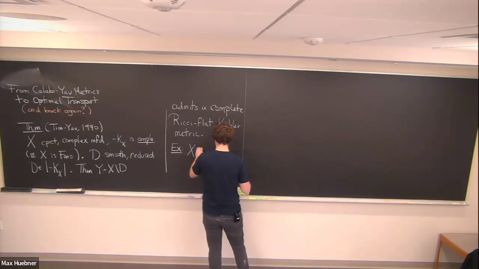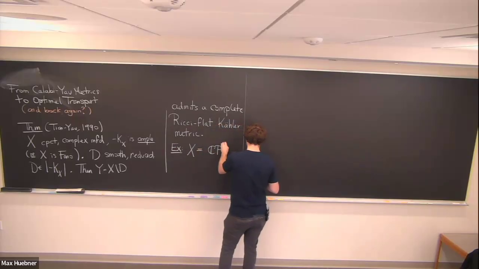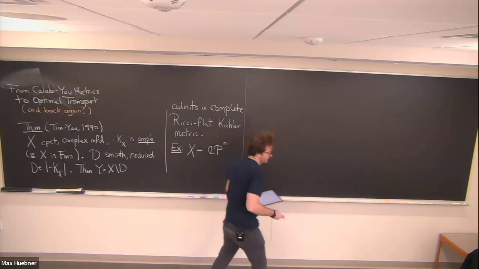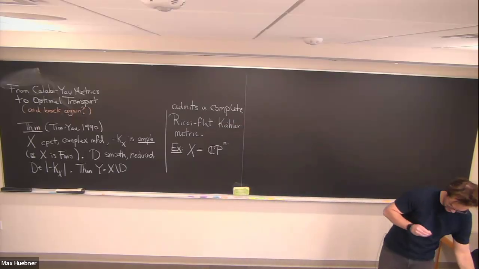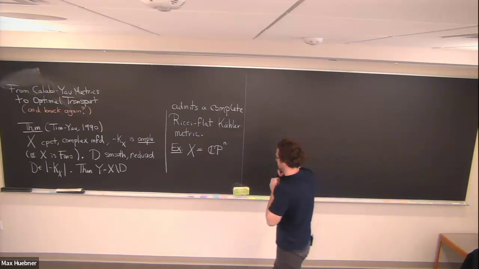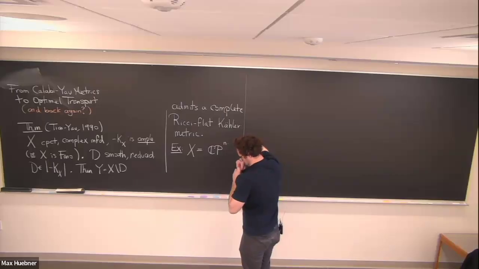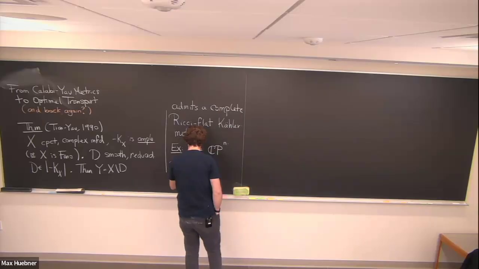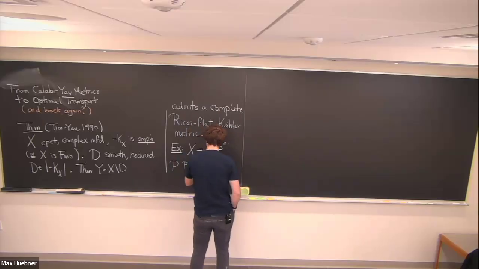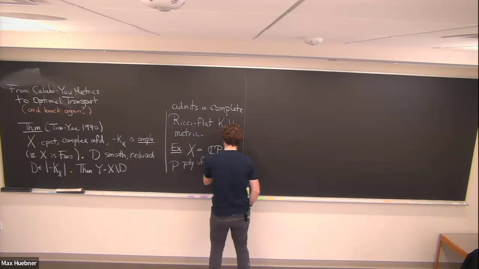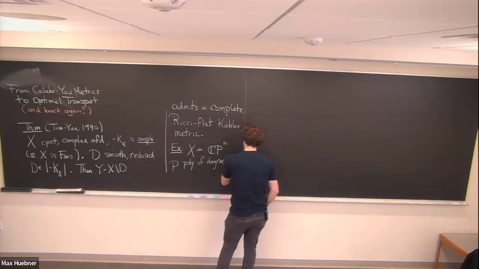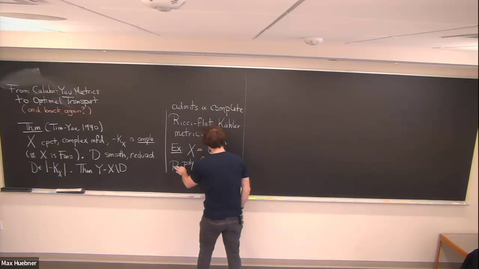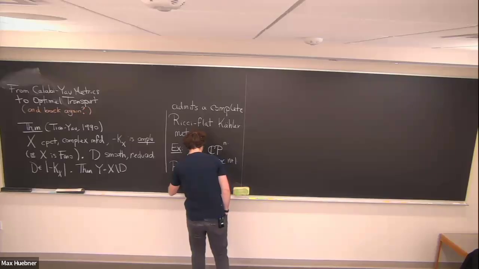For example, if you take X to be CP^n and any generic polynomial P of degree n plus 1, then the zero set of P will be smooth and reduced.